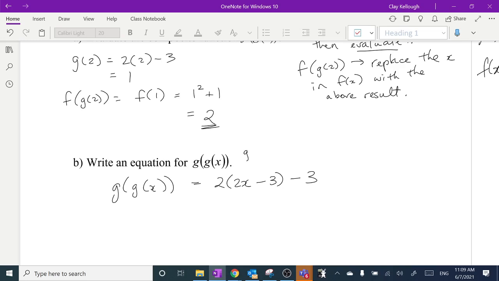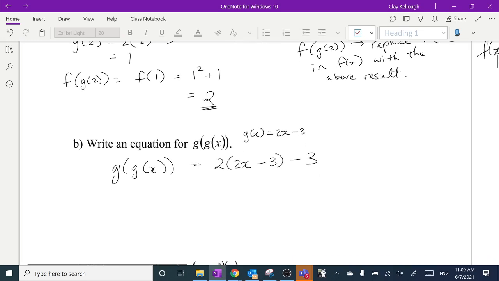Right? So again, g of x here is 2x minus 3. So I replace this x with itself. And then I simplify it. It does say it wants an equation, but obviously it wants it simplified. So that's going to be 4x minus 6 minus 3, which is 4x minus 9. There you go. There's my equation for g of g of x.